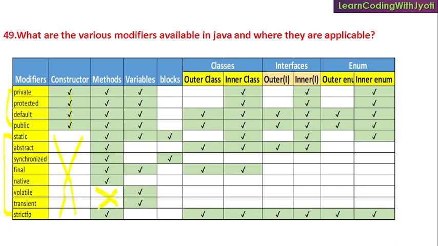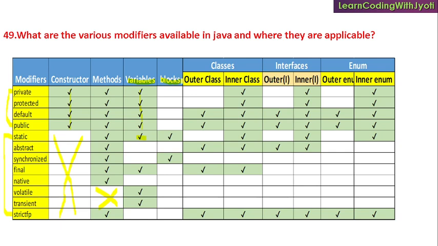So out of 12, volatile and transient are not applicable for method, and the other 10 are applicable. Let's see for variable. For variable, all access modifiers are applicable. With that, static is applicable, final is applicable, volatile and transient are applicable.